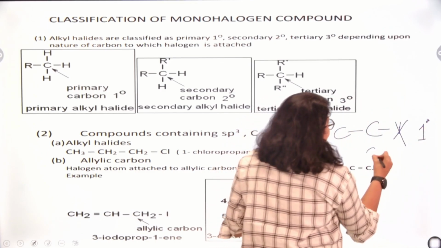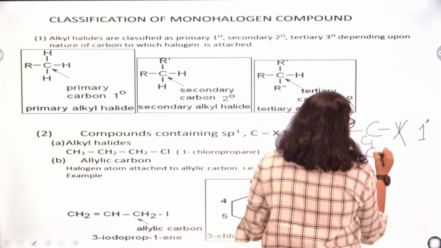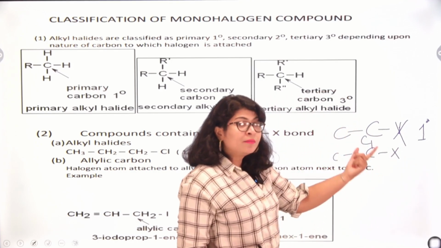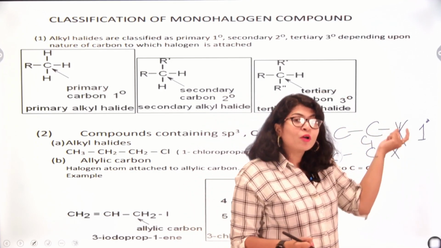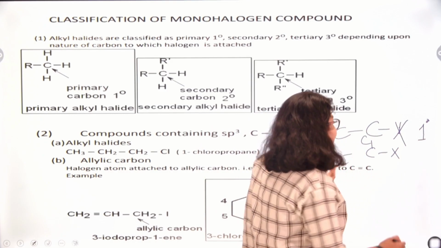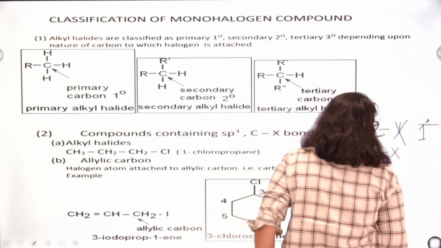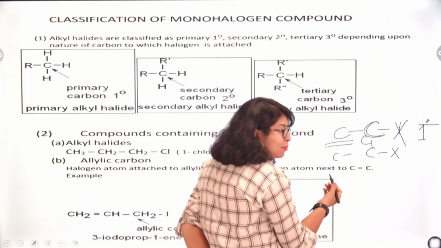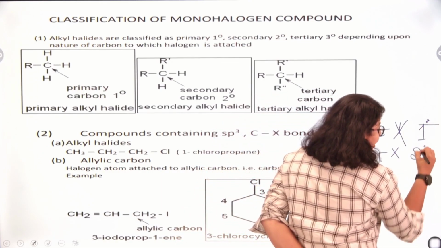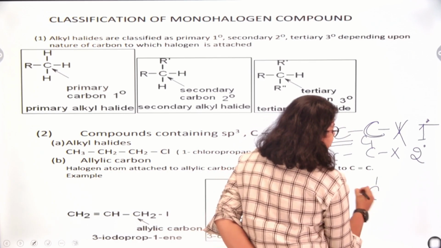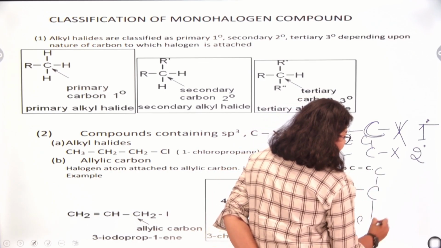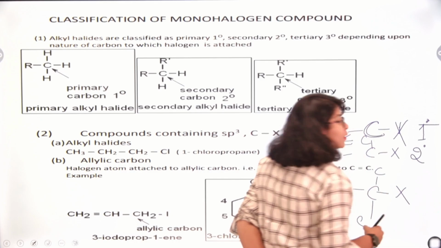Which carbon? The one that is forming the bond with halogen. If that carbon is associated to 1 carbon, it is a primary halide. If it is associated to 2 carbon atoms, it is a secondary halide. And if it is attached to 3 carbon atoms, then it is a tertiary halide.